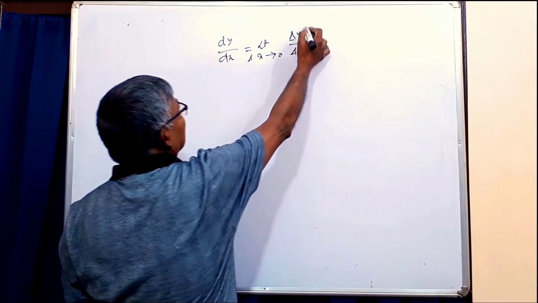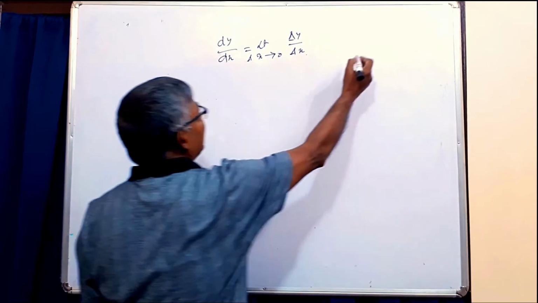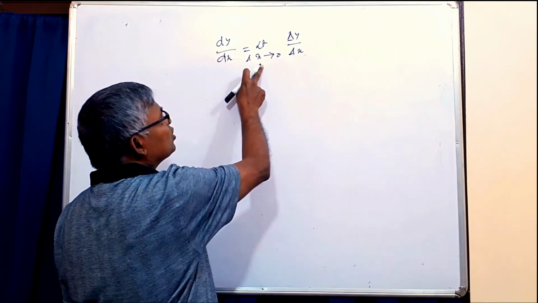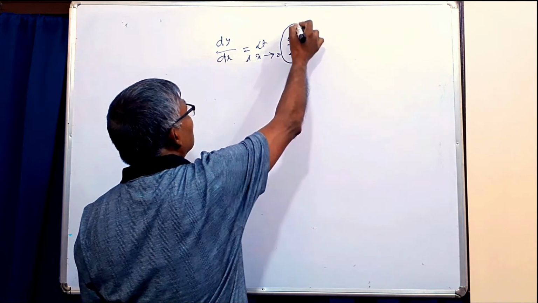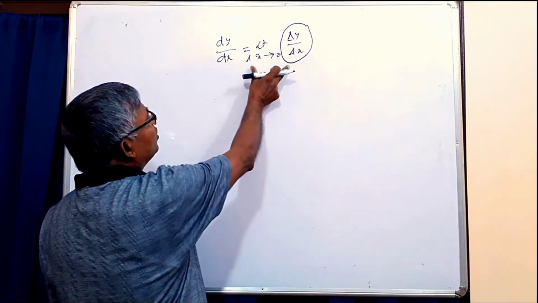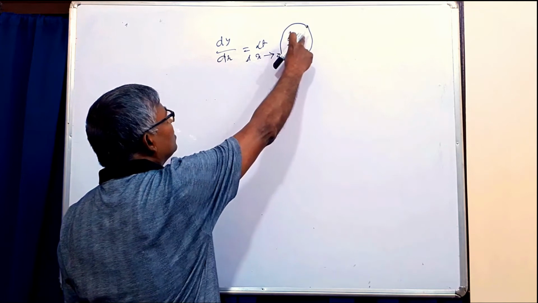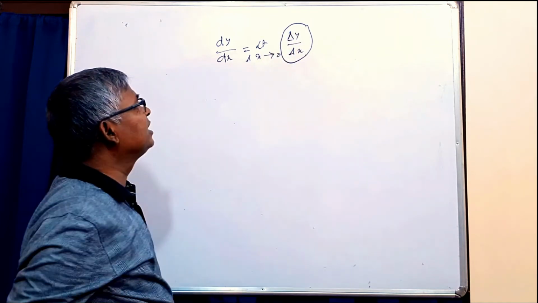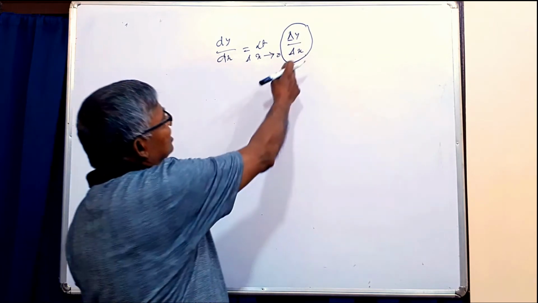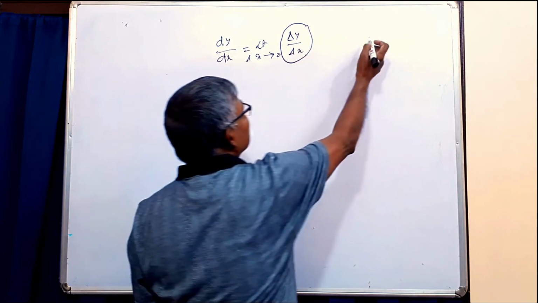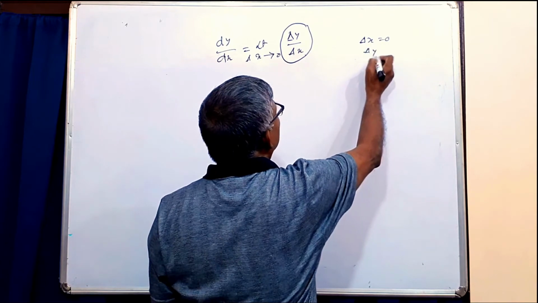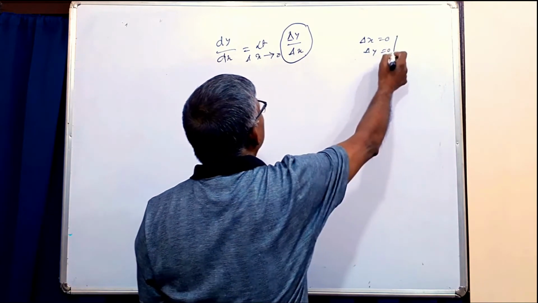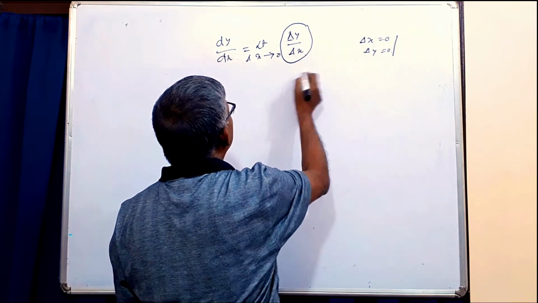Suppose as delta x tends to 0, what would be the value of this ratio? The limiting value of this ratio is very much needed. Suppose delta x equals 0, then delta y also equals 0, then clearly the value of this is undefined.